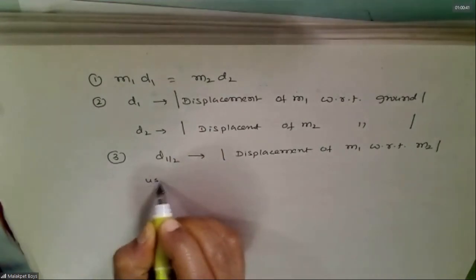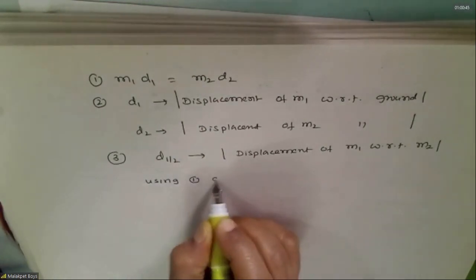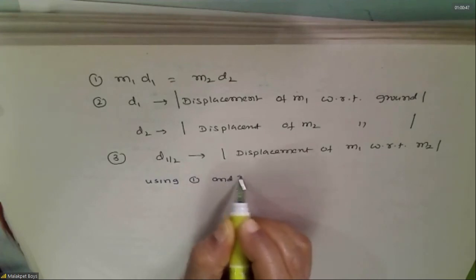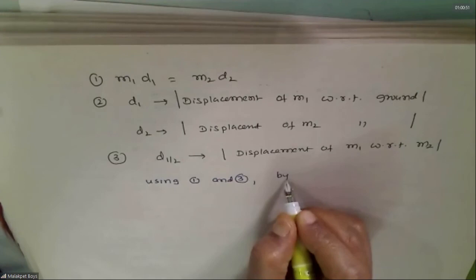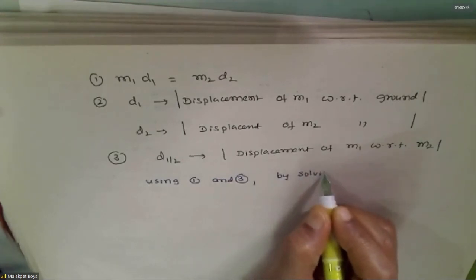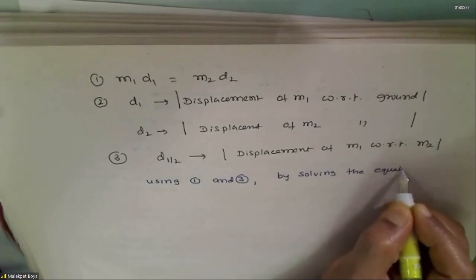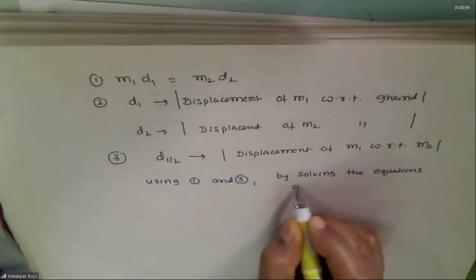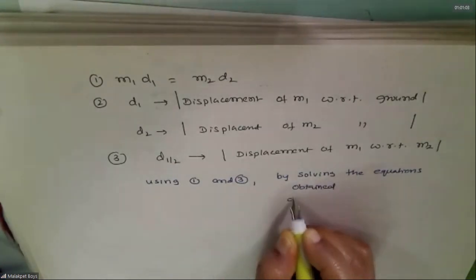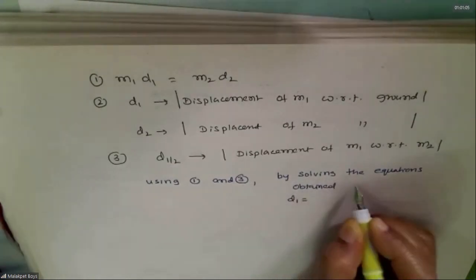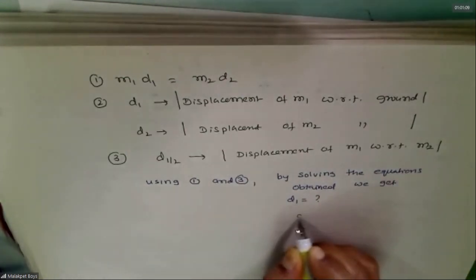Using 1 and 3, you will get this D1 and D2.